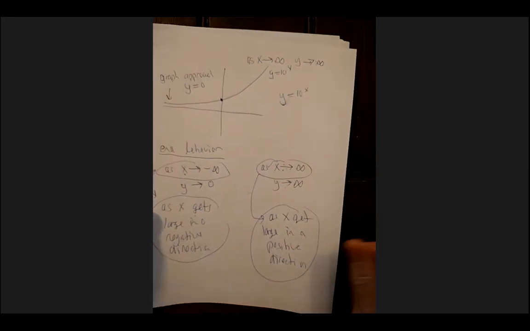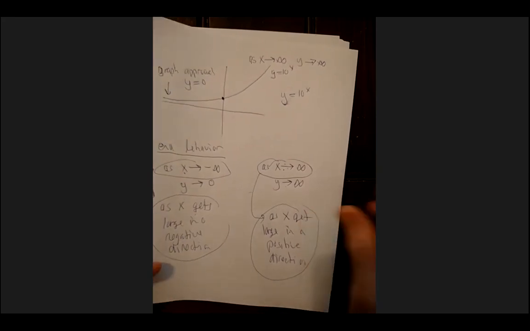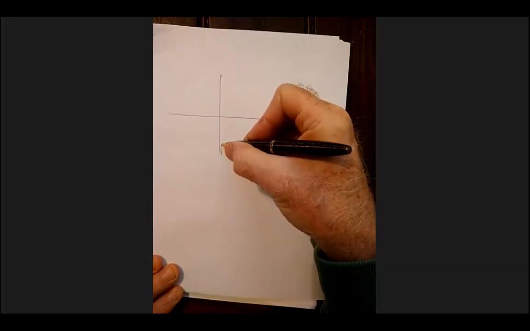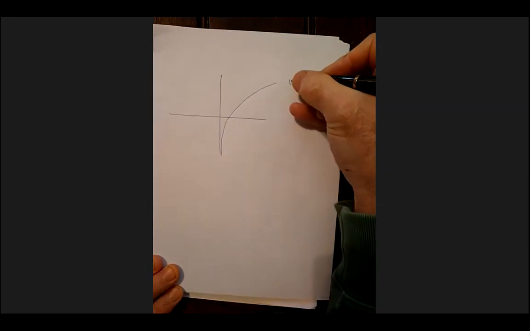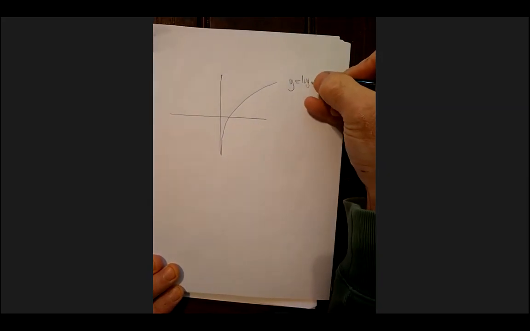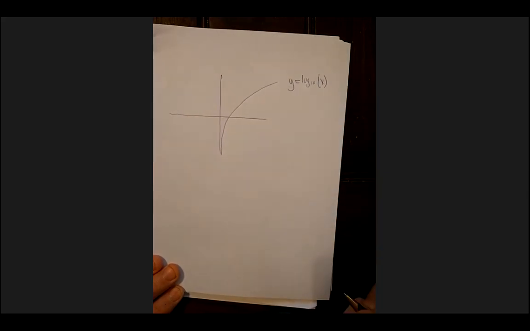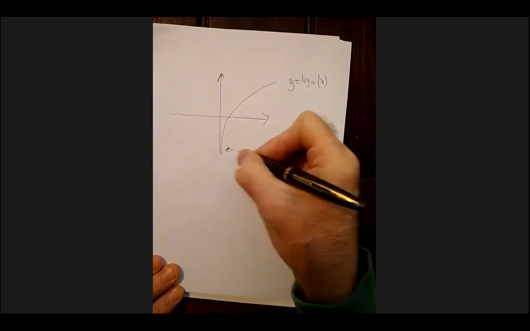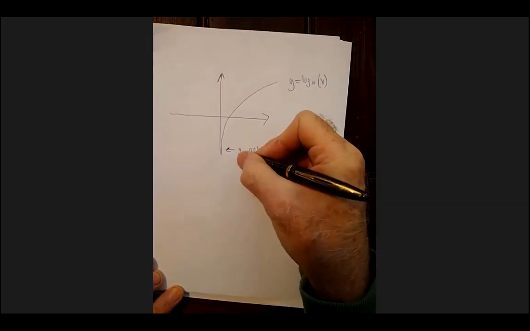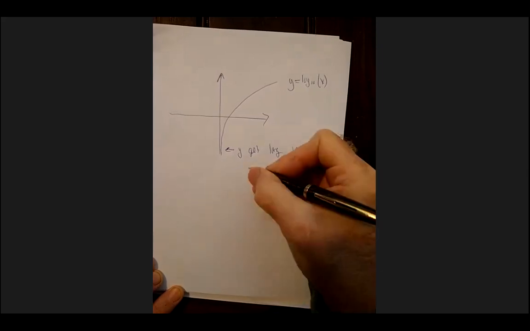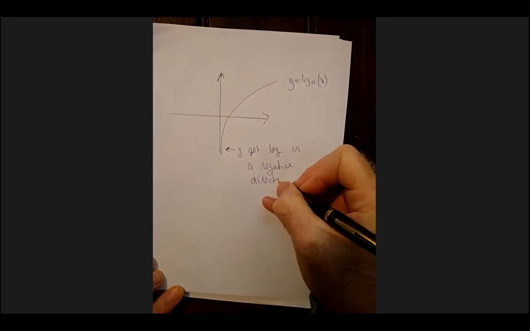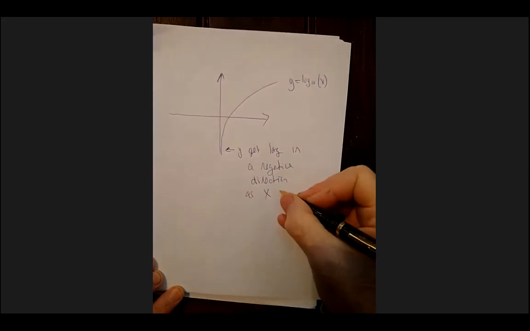And then I wanted to talk about a vertical asymptote, and then we'll go into the small groups. So you'll see in the videos and hopefully today that this is what the graph of the log looks like. And here, the graph gets large in a negative direction as x gets near 0.